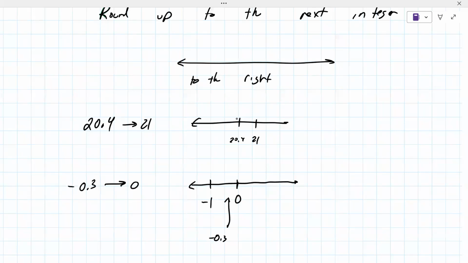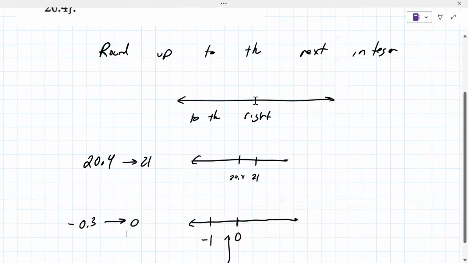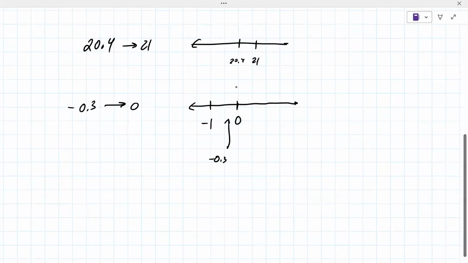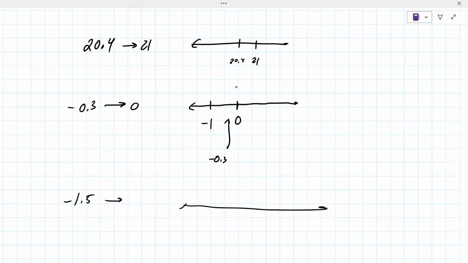Okay. And so you've got a problem here, a -1.5. That's why it's really important to graph it, because then you'll see, okay, if that's -1 and that's -2, -1.5 is right there. It goes to the right, which would be -1.